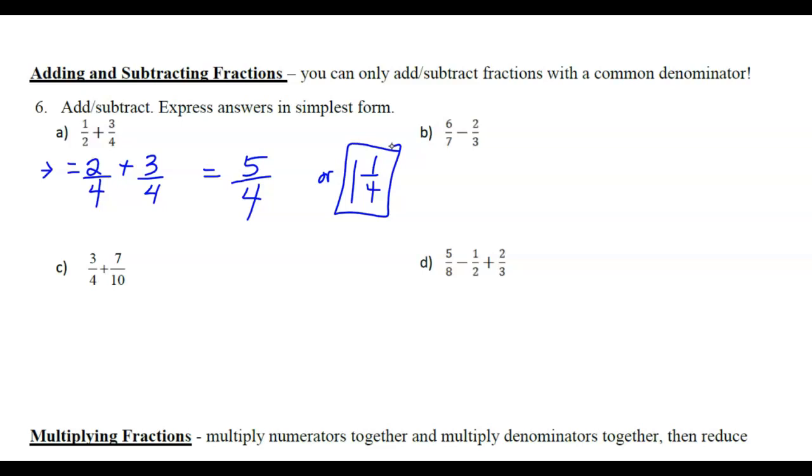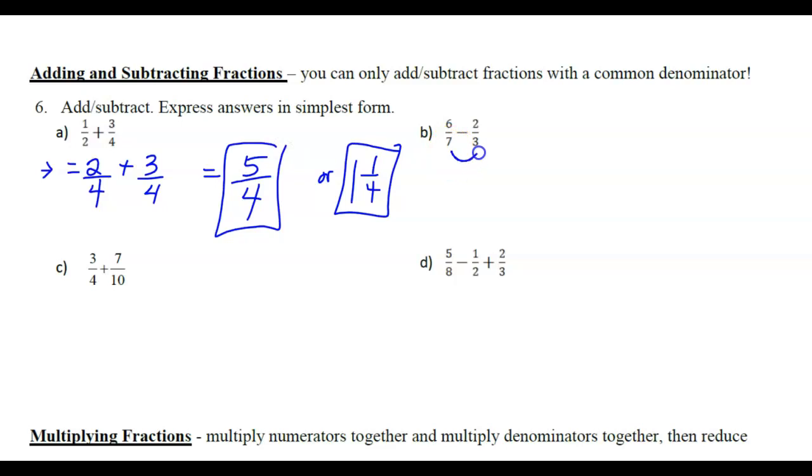Reason being, a lot of time in math now in high school, we're doing the fraction work, and then we're taking that fraction and doing something else with it. Or we're using it in a polynomial or something like that, where we don't want a mixed number. So just be aware, you don't have to do that. This is your final answer as long as it's in lowest terms.